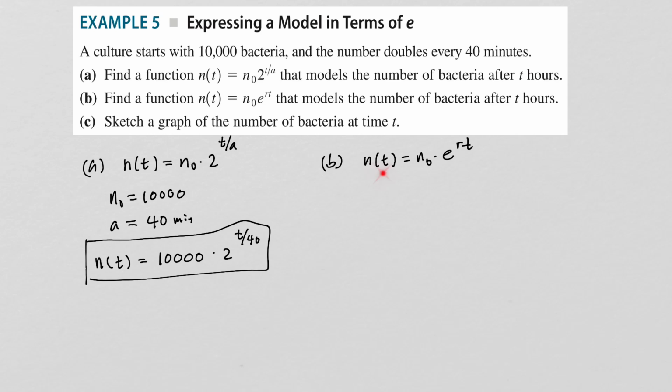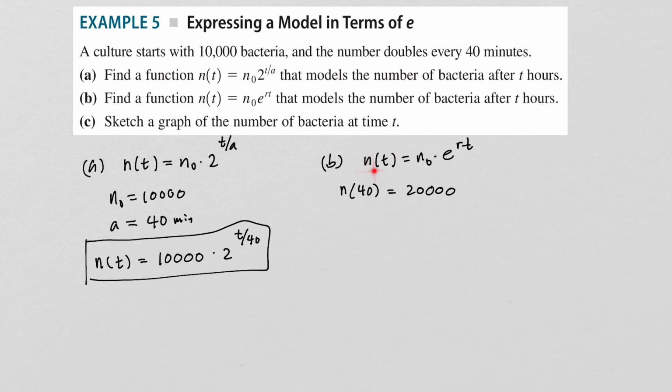For the other model, we have to figure out what the growth rate would be. And to do this, we can use the fact that the population doubles in 40 minutes. So when T equals 40, the initial 10,000 bacteria will become 20,000 bacteria. So we know the number at 40 will be 20,000.